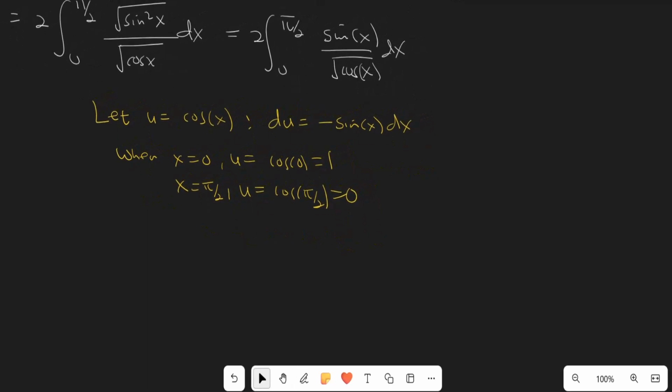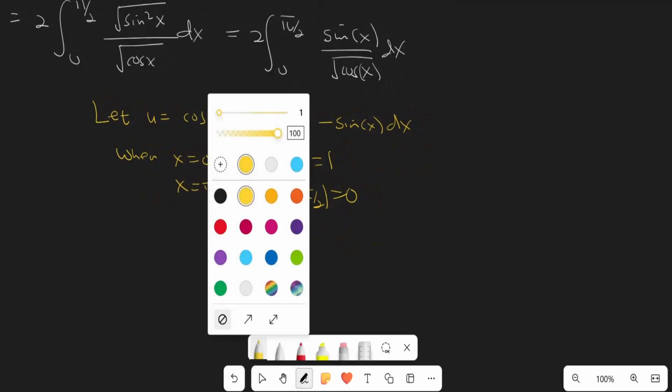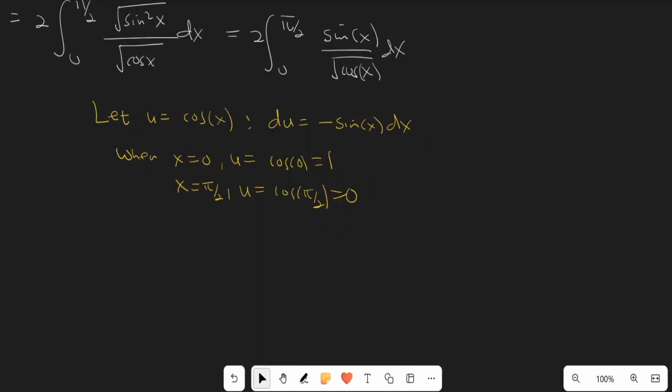So our integral can now be taken into u. I can multiply by negative 1, so this is negative 2 times the integral from 0 to pi over 2 of negative sine x dx all over the square root of cosine of x.